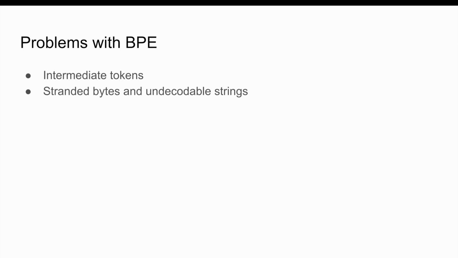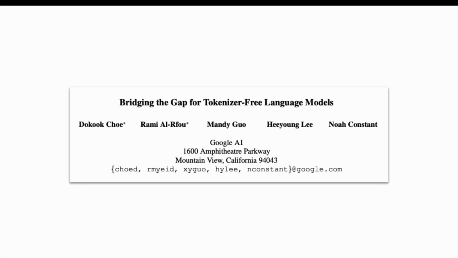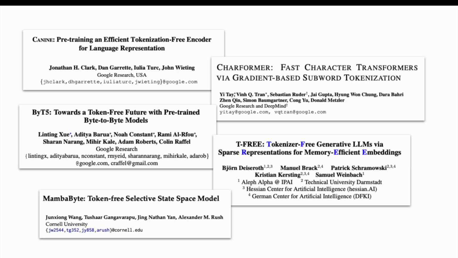So how do we fix this? I think a common sentiment in the field is maybe, let's just get rid of BPE or tokenization altogether. And this has led to this tokenizer-free language modeling approach. This was, I think, introduced by a paper from 2019 and has since been used in some of these other papers more recently.